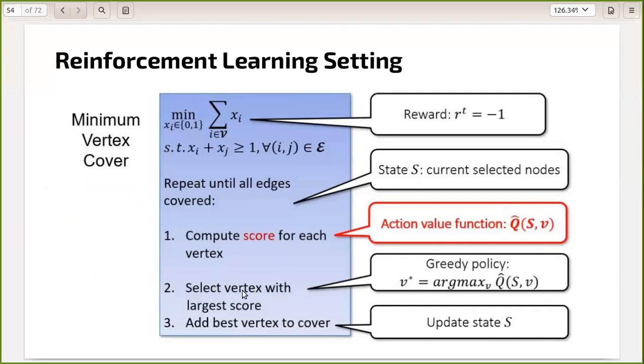So we can just select the largest score, which is quite easy because we already have the Q function. We get the nodes having the largest Q value, add the best node to the cover, and at the end we have the minimum vertex cover.